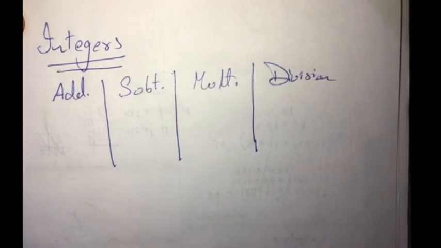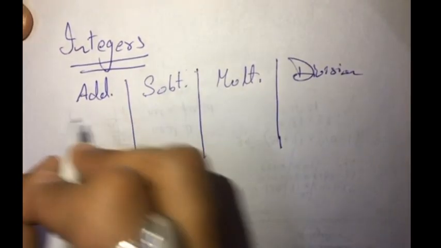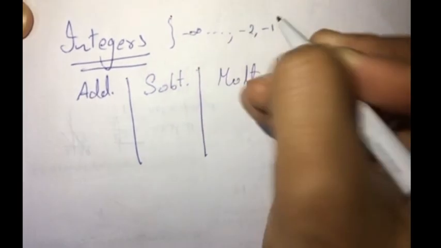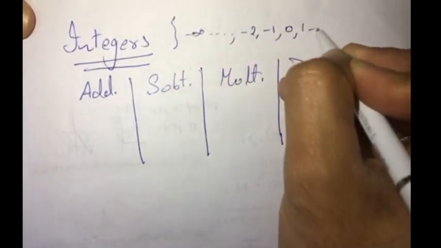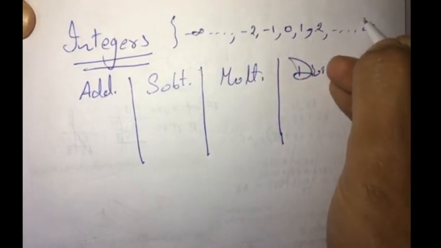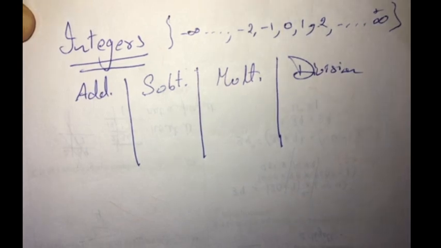We have to check it for 4. Let's say first we'll check it for addition. What are integers? Integers can be negative, from negative infinity, negative 2, negative 1, 0, 1, 2 till positive infinity. All such numbers are integers.